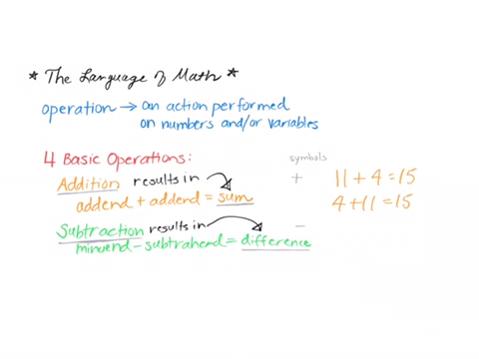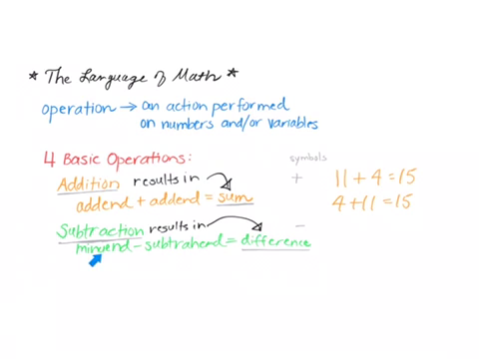The second basic operation is subtraction. Subtraction results in a difference. Subtraction, unlike addition, is not commutative, and therefore we do need different words to represent the numbers we're subtracting.